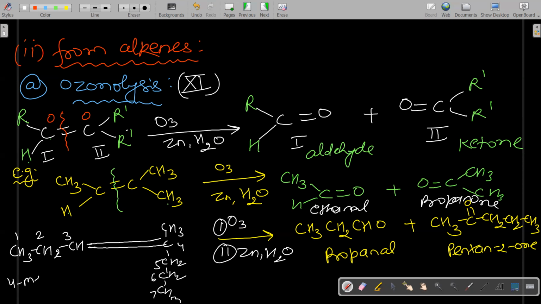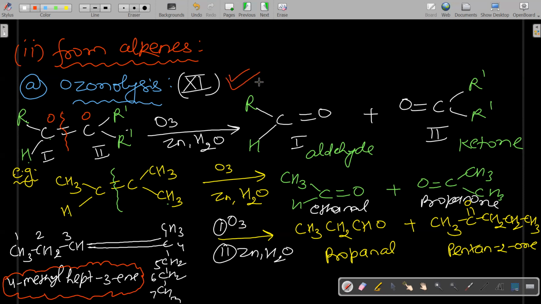This is called 4-methylhept-3-ene. So you can identify the name of the alkene also. If the products are given, you can identify the alkene. If the alkene is given, you can write the product.